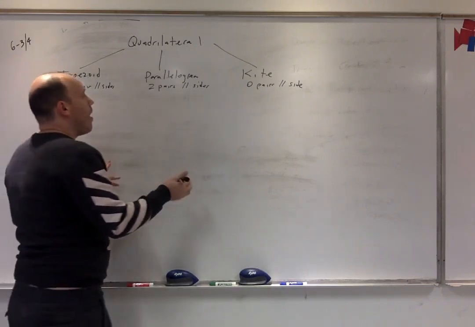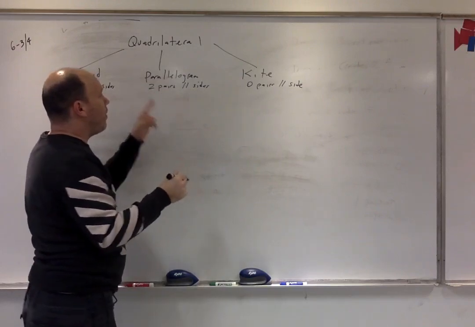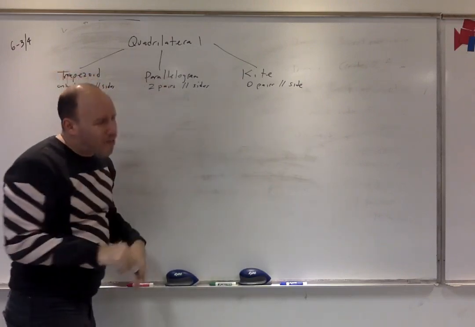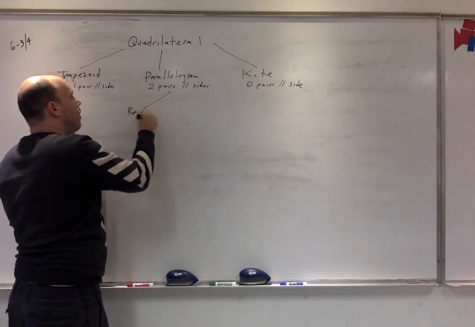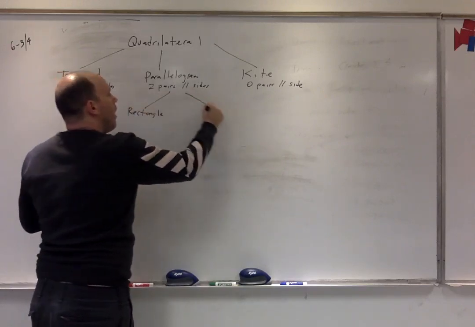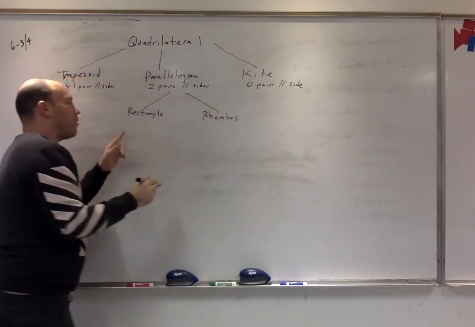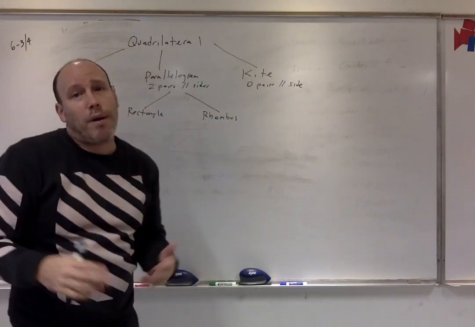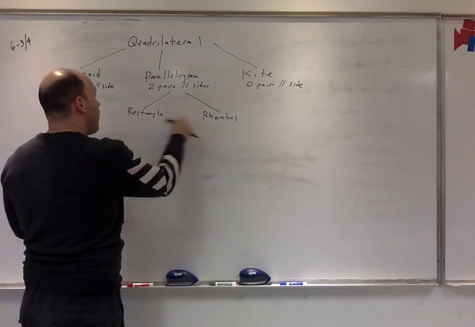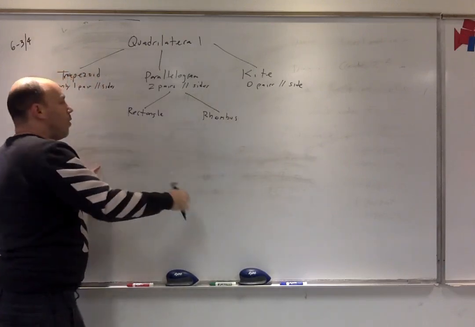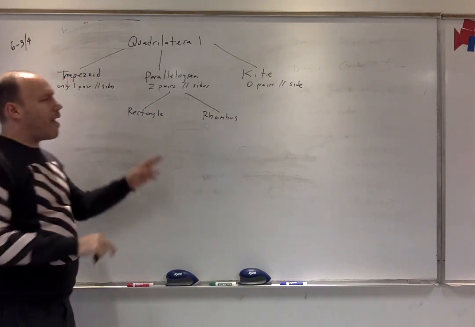We had the parallelogram, and then the parallelogram breaks up in 2 parts. There's the rectangle and the rhombus. The rectangle, which we're going to learn today, I'm going to just tell you right now. Let's talk about the rectangle and rhombus.